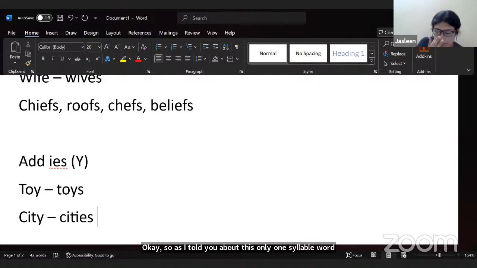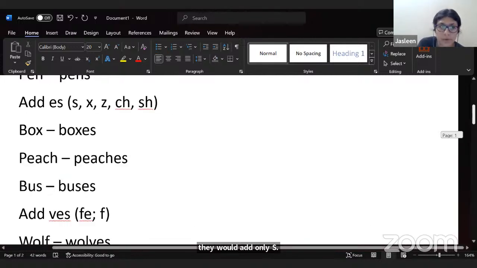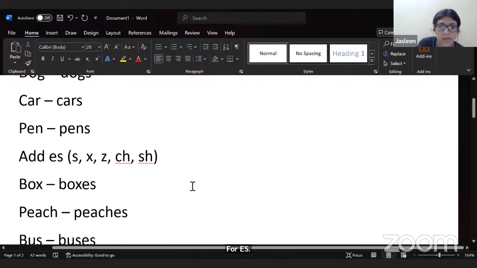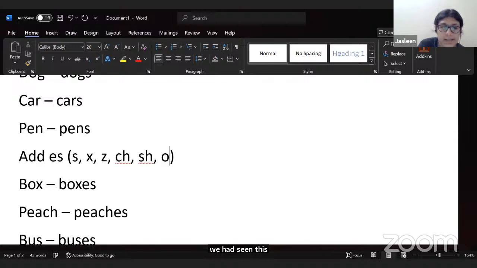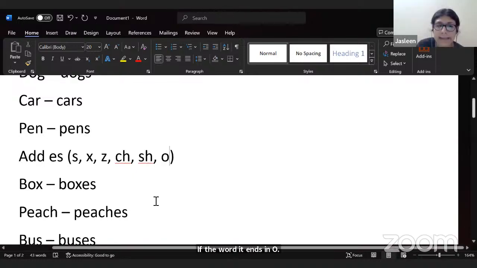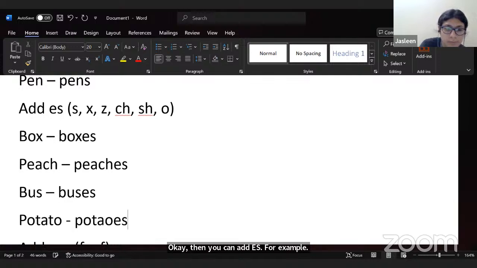For ES, we had seen this ES. If the word ends in O, okay, then too you can add ES. For example, potato, potatoes.